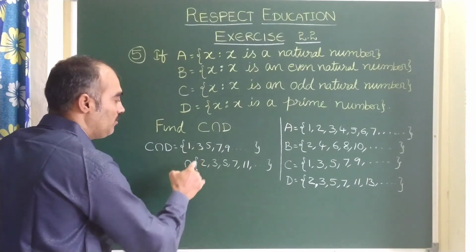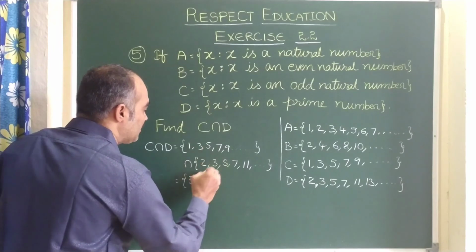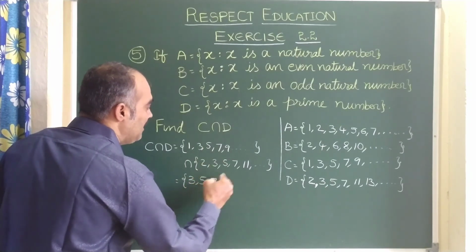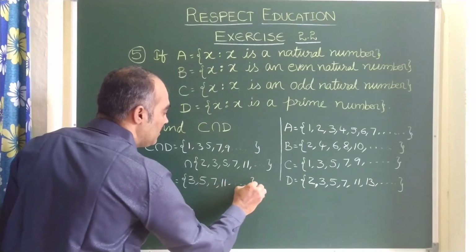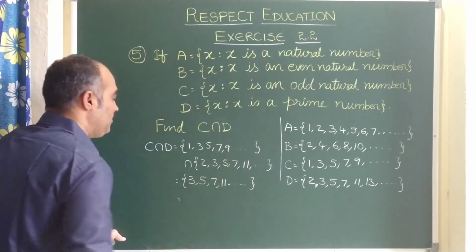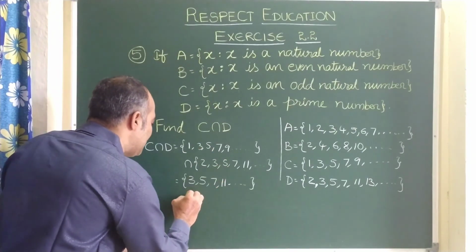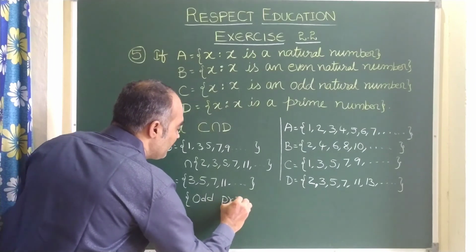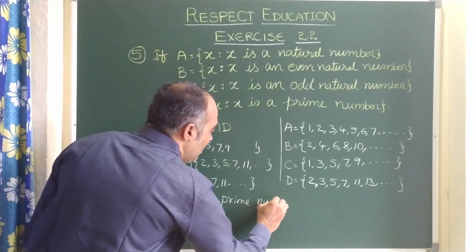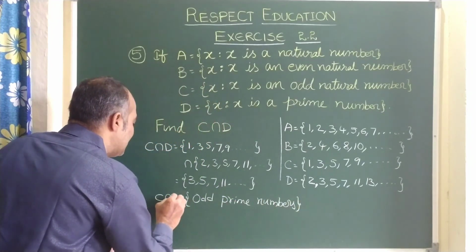See, 1 is not in common, 2 is also not in common, 3 is in common, next 5, 7, again 9 is not in common, again 11, and so on. Here you see 3, 5, 7, 11, these are nothing but odd prime numbers. The set of odd prime numbers is what you get when you take C intersection D.